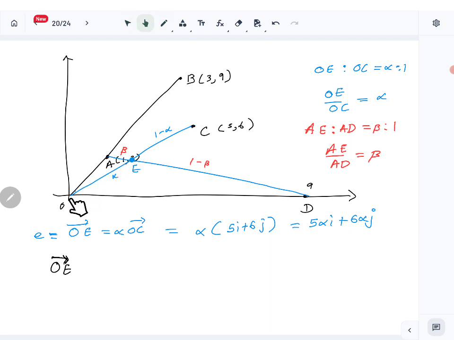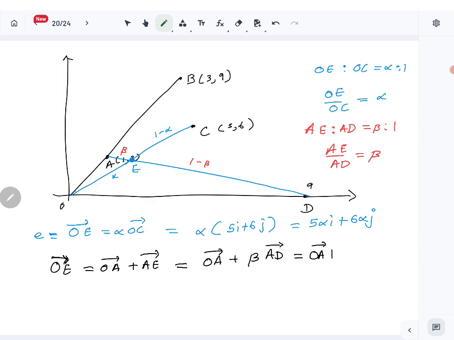Look at this triangle. So we can go O to A, then A to E. That creates OE, O to A to E. OA we know, AE we need to find. AE is what? Beta times AD, using this ratio. Beta times the AD vector.